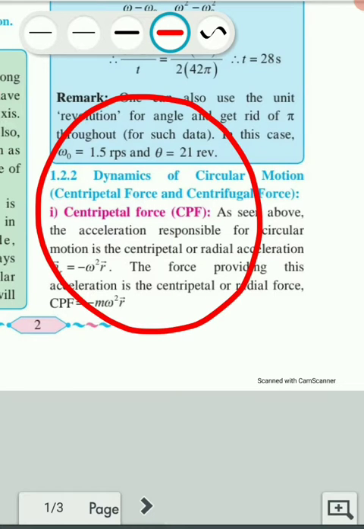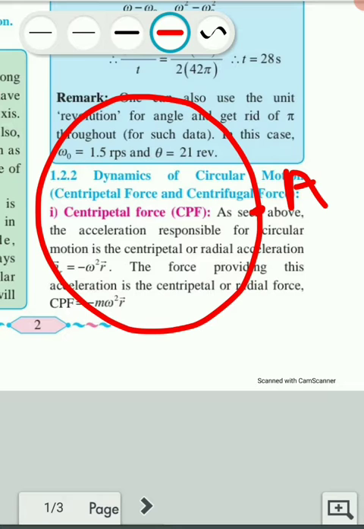Okay, when we consider this object moving in a circular motion at this position, consider position A, this particle has a particular force. Because of that it performs circular motion, and this force is nothing but the centripetal force.